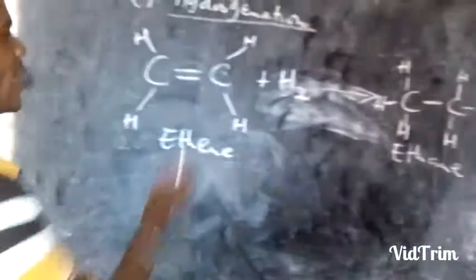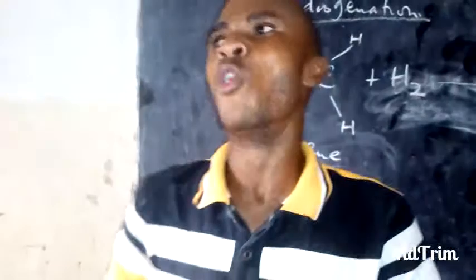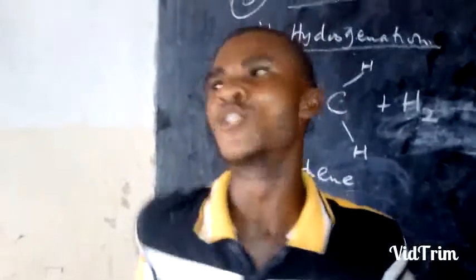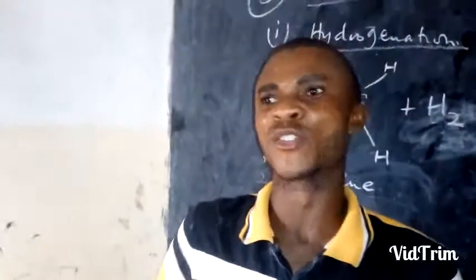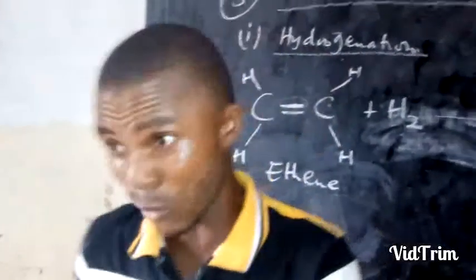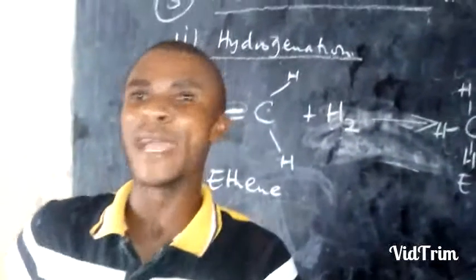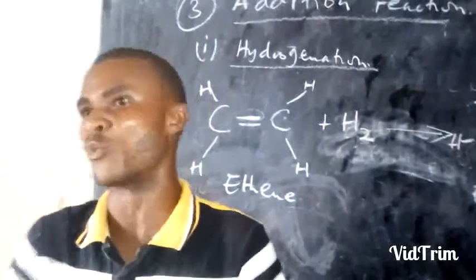So that means unsaturated compound with double bond has become saturated. That is one of the main reasons for undergoing addition reaction. They undergo addition reaction so that they will break their double bond, so they become saturated. Now, what will be the practical application of hydrogenation reaction? How are we going to apply hydrogenation reaction in industries or factories?